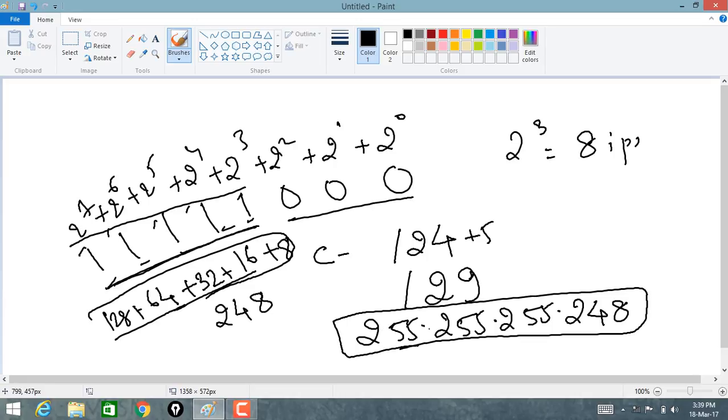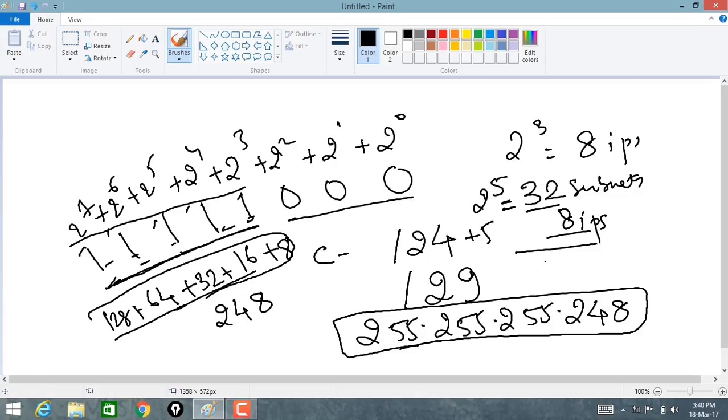This will become the new subnet mask, which will give us 8 IPs, and we can create subnets of 2 raised to 5, which will be 32 subnets. And when you multiply this 32 with these 8 IPs, it will give 256.